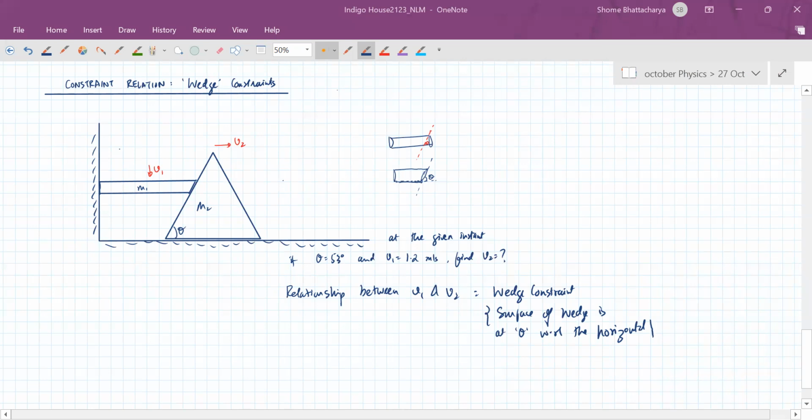So actually, when we discuss it, we'll see it's more like a geometrical constraint really. The geometry of the wedge is such that that surface is making theta with the horizontal. So that kind of thing.